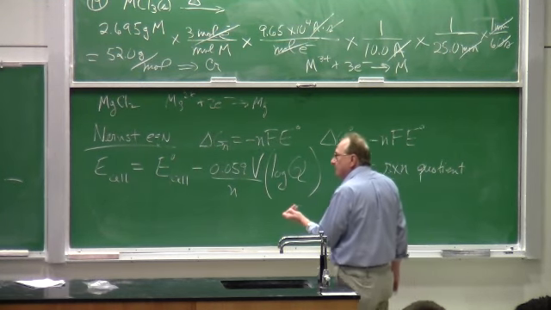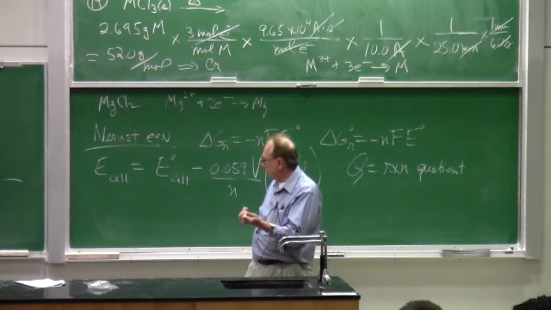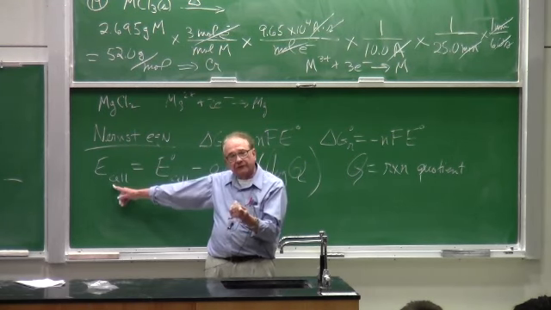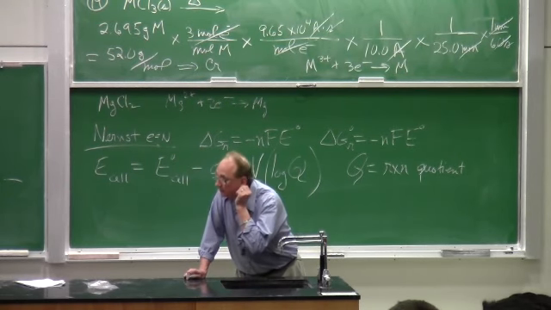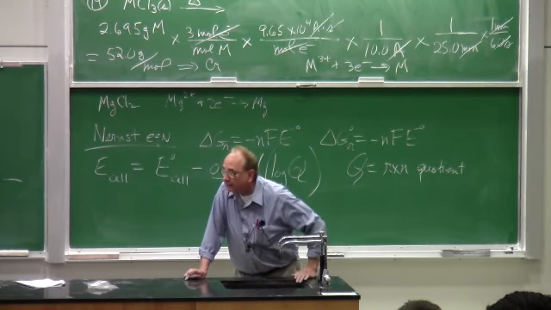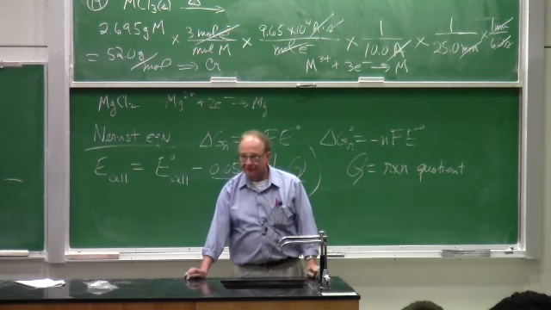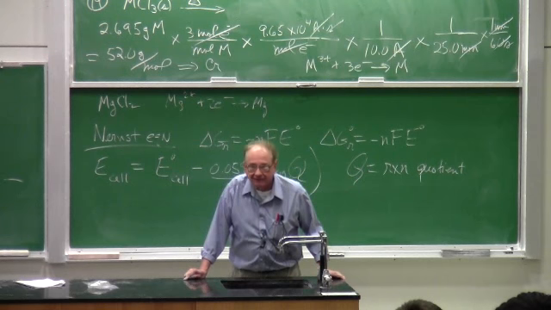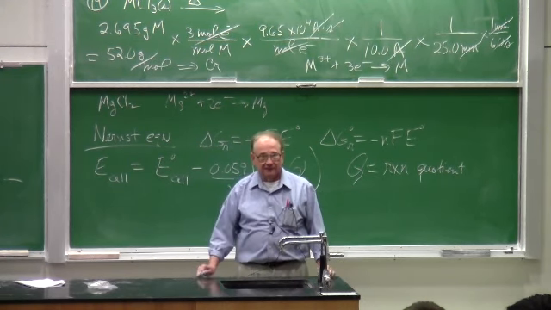If I am using the Nernst equation to calculate an equilibrium constant, what is the value for E cell? What is it? Louder! 0! Right? Equilibrium constant. E cell is nothing. It's not going anyplace.